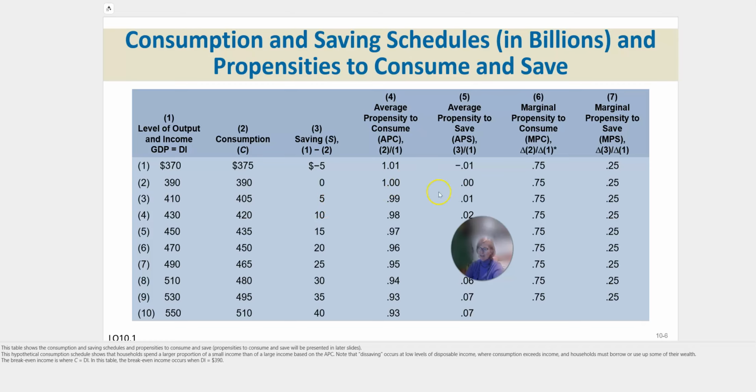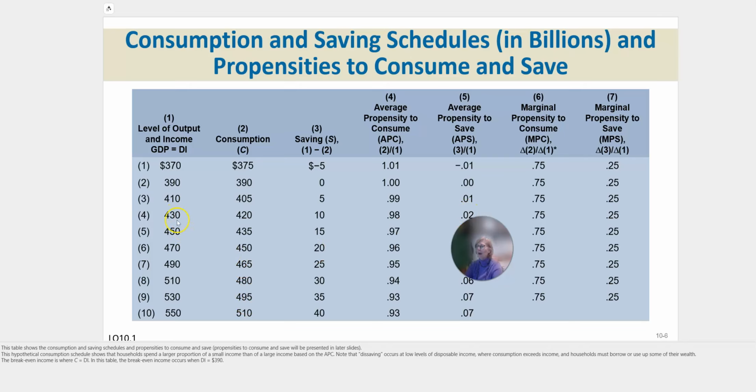Or, in percentages, we spend 99% and we save 1%, right? At the next level, we get to $430 billion, and we spend 420 of it and save 10 of it. What are we doing? We're spending 98%, saving 2%.